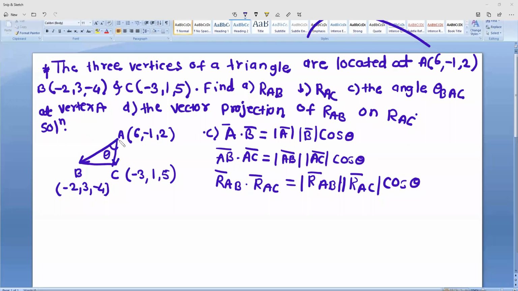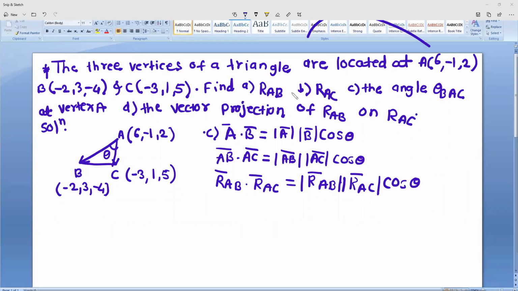What are the vectors originating from this point A? There are two vectors, AB bar and AC bar, right? So the dot product of these two vectors, AB bar dot AC bar, is equal to mod of AB bar into mod of AC bar into cos theta, right?